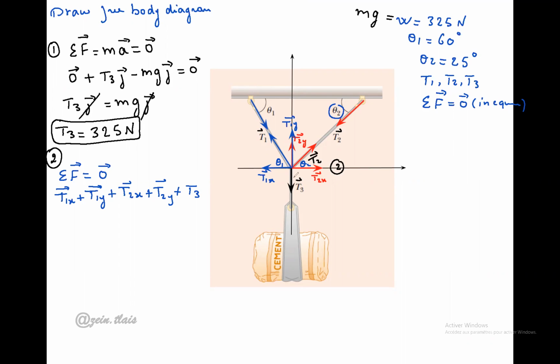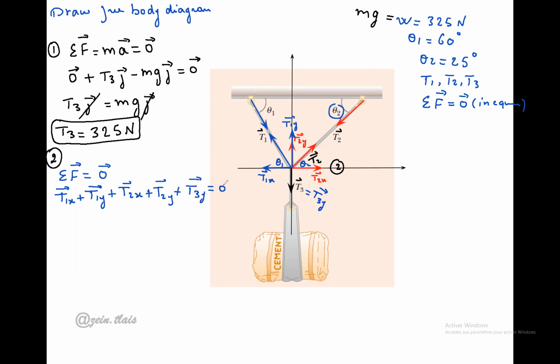We know that T3 is in the Y direction, so T3 equals T3y. It doesn't have an X component, so we can say T3 or T3y is the same.